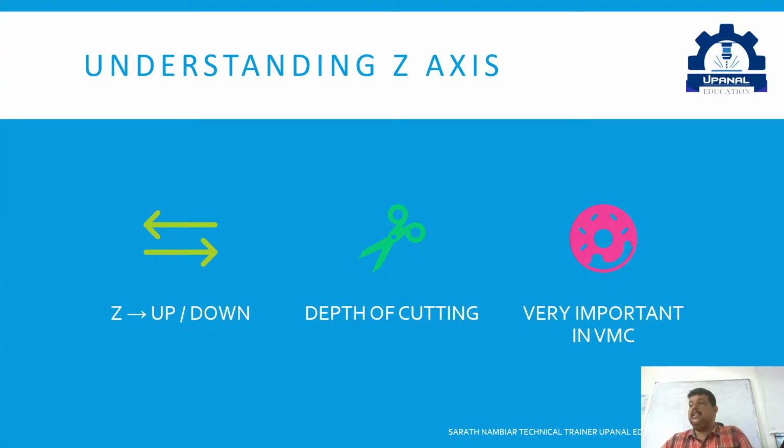Surface is usually taken as Z0. Either the Z0 can be on top of the material or at the bottom of the material. If the zero is taken on the top of the material, the cutting happens in a negative direction, like minus 10 mm, minus 9, minus 8, minus 5.